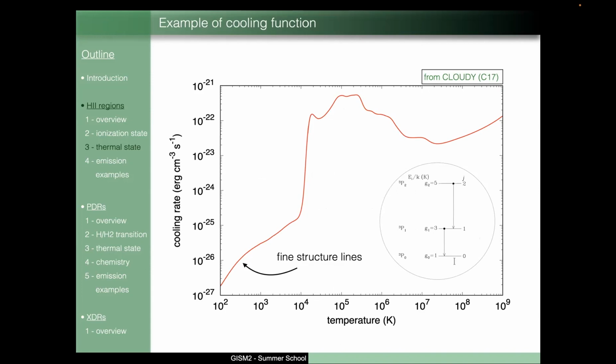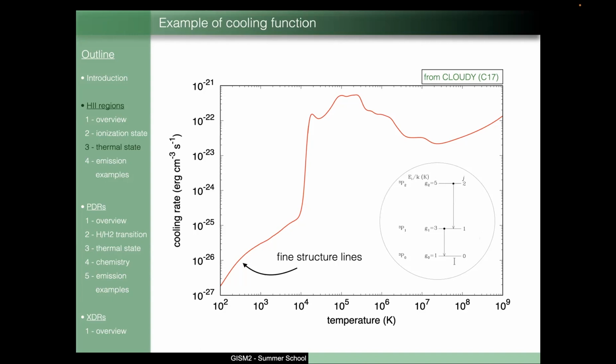And the reason is very simple: at very small kinetic temperature, the gas can only excite low-lying energy levels. But as the temperature increases, at some point, it will start to excite electronic levels. And this always happens at roughly the same kinetic temperature. So the outcome is that the cooling curve of an H II region is completely dominated by fine structure lines for this range of temperature.